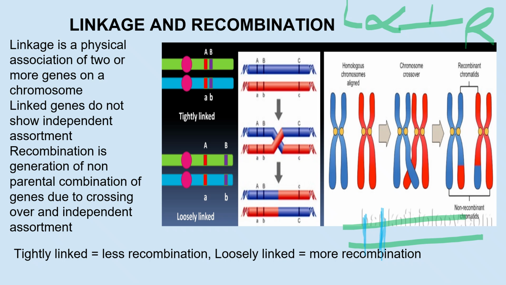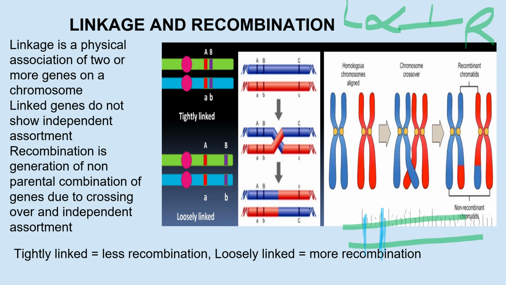We had seen in the law of independent assortment also, in the dihybrid cross, that if parental combination has a tall and yellow gene and a dwarf and green gene, we see new combinations in the F2 progeny: besides the two parental combinations we get two new recombinants, like tall and green, yellow and dwarf, which were not there.